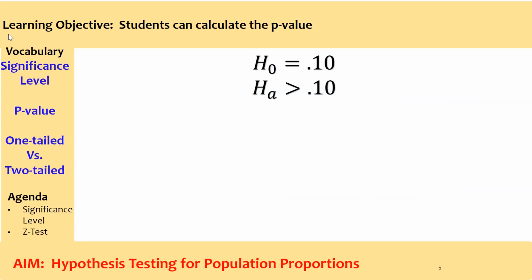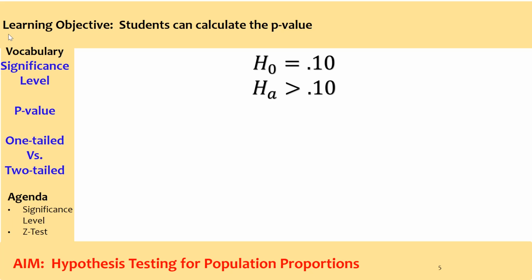So I want to see this in your guided notes. H naught, or your null hypothesis, is equal to 10%. And the alternative hypothesis, and now this is important, folks. So for last week, we talked about the Z statistic. We've really focused more on the null hypothesis. We didn't talk about the alternative hypothesis. Now we need it for the p-value, and I'm going to show you why shortly.